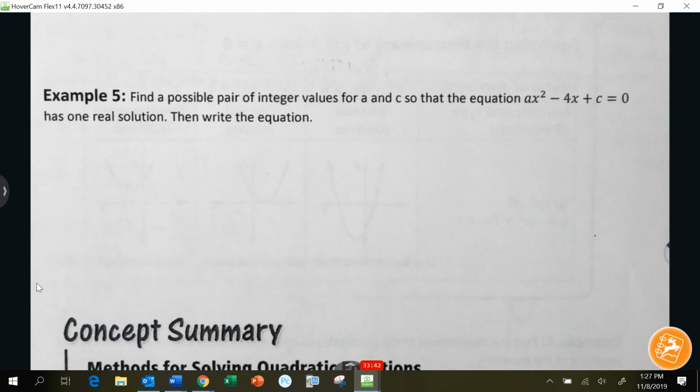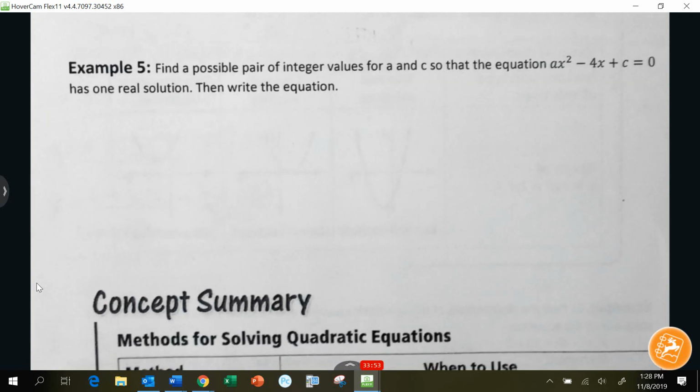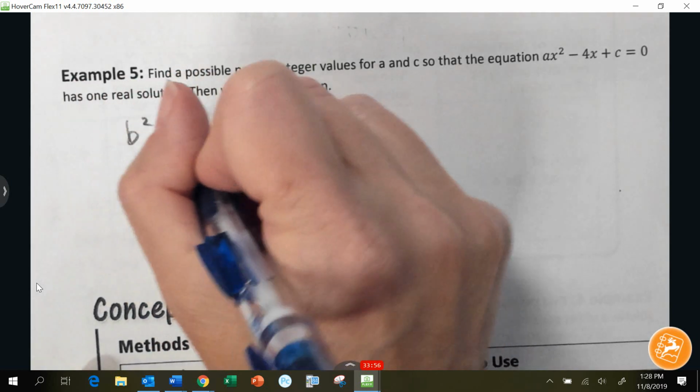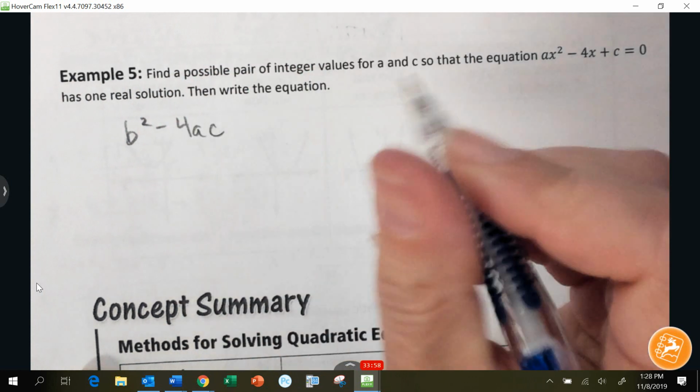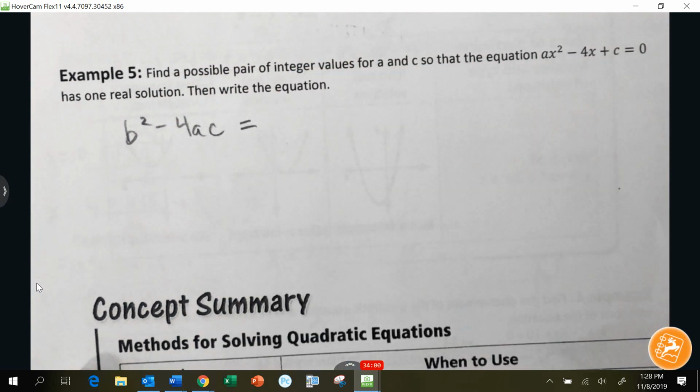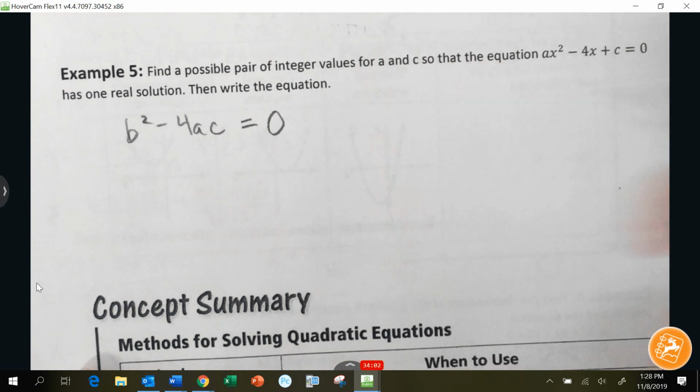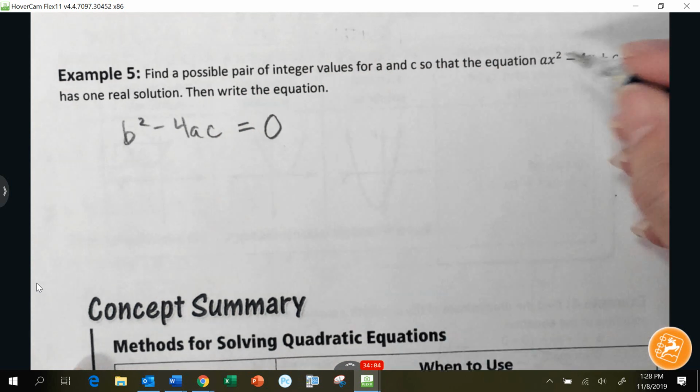Find a possible pair of integer values for a and c so that the equation has one solution. One real solution. Then write the equation. So you've got to think, b squared minus 4ac, if it has one solution, what's it going to equal? 0. Now we do know the b value.